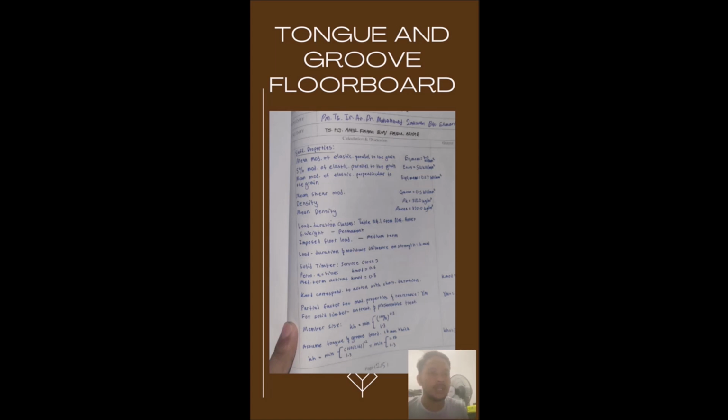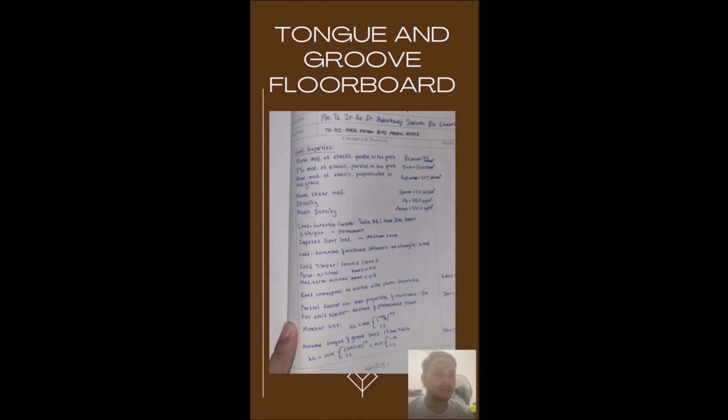The self weight is permanent. Imposed floor load is medium term. Load duration and moisture influence on strength: solid timber, service class 2, permanent action 0.6, medium term action 0.8.